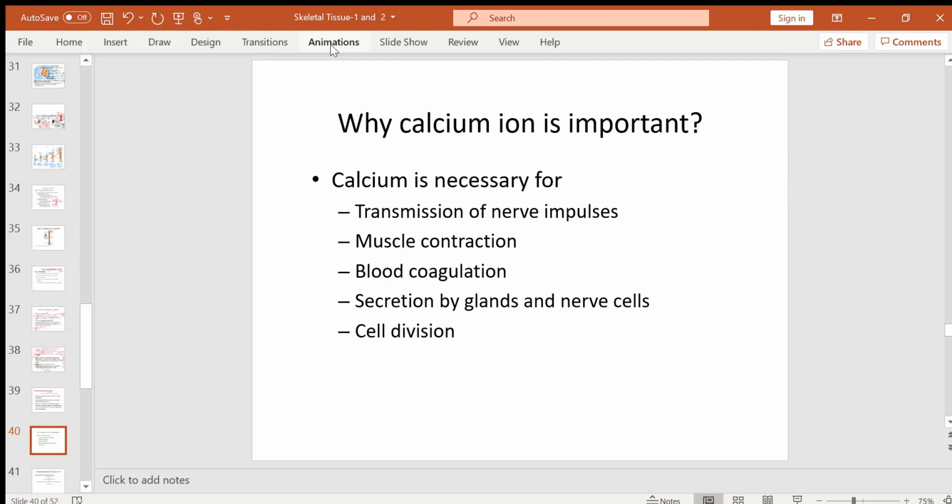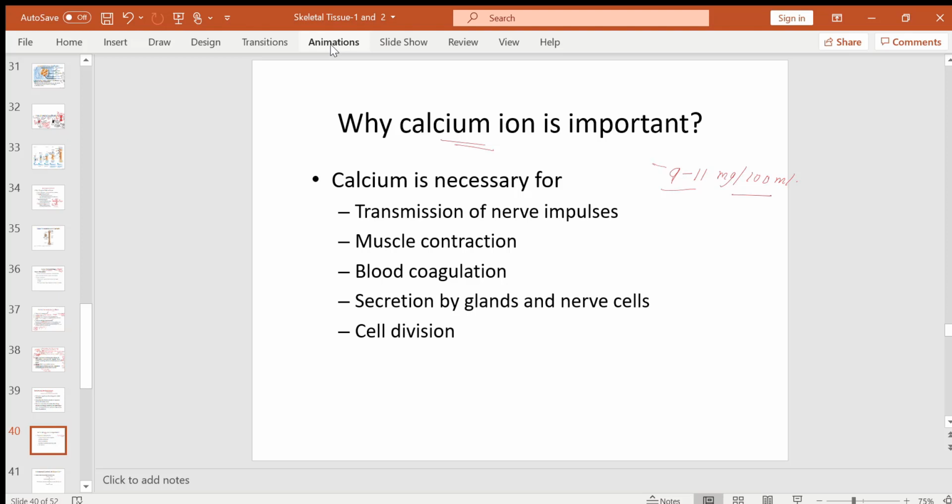Now, why is calcium very important? I told you that calcium concentration in your blood must be maintained between 9 to 11 milligram per 100 milliliter of blood. Within that narrow range. If it goes below 9, it is called hypocalcemia.